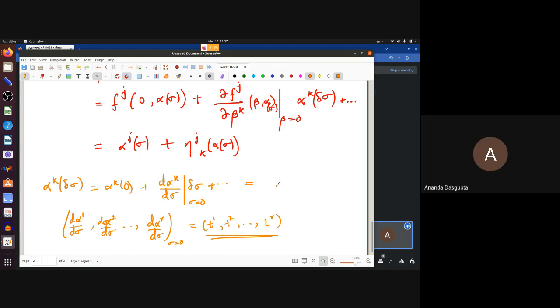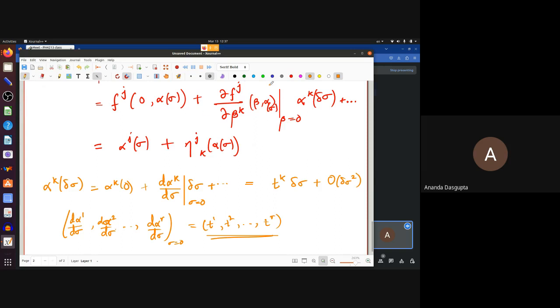Okay, so this is simply tk delta sigma plus order delta sigma squared, right? This is 0, and tk is just a name that I've given. These are just tangent components at the origin. Sorry, I didn't finish this thing.